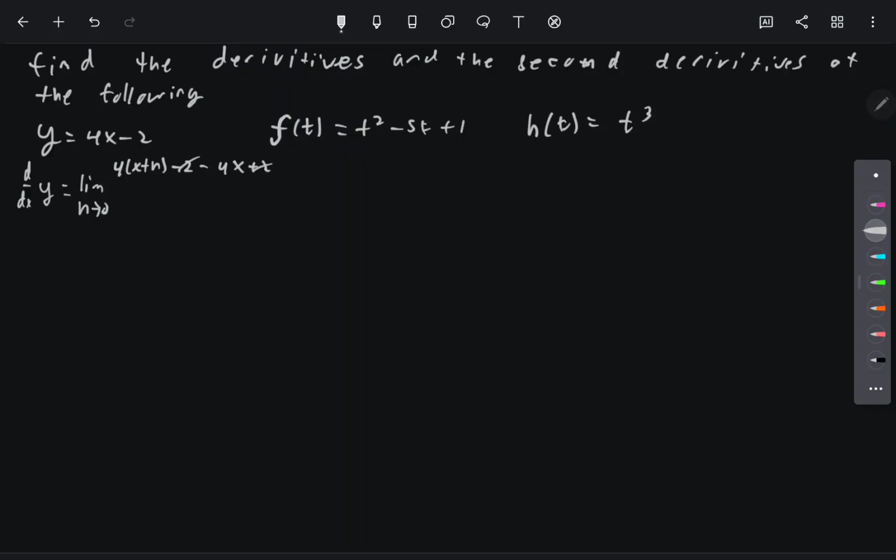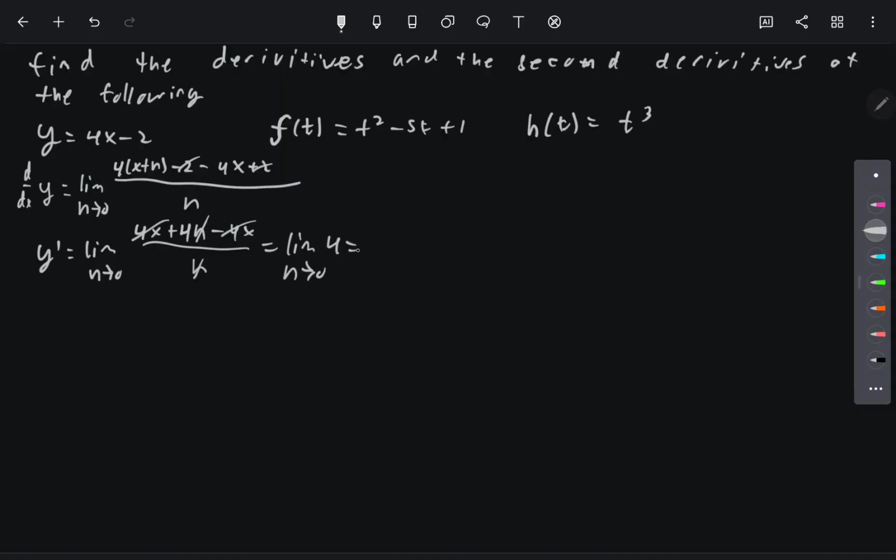The 2's cancel off right off the bat. I'm going to just get them out of the way so I don't have to do as much writing. So our y prime in this case is going to be the limit as h approaches 0 of 4x plus 4h minus 4x all over h. This 4x and that 4x cancel. This h and that h cancel. The limit as h approaches 0 of 4 is just 4.